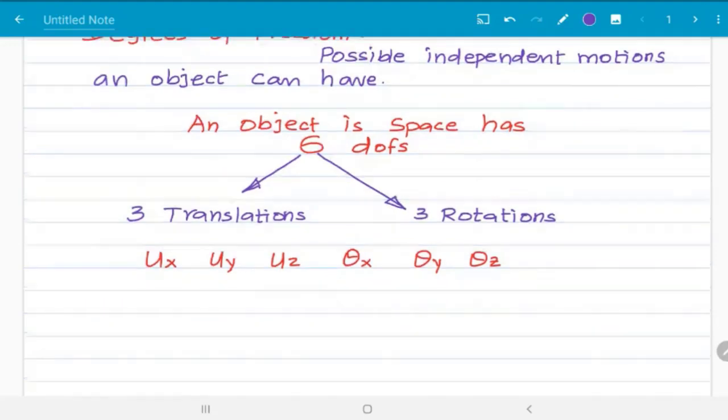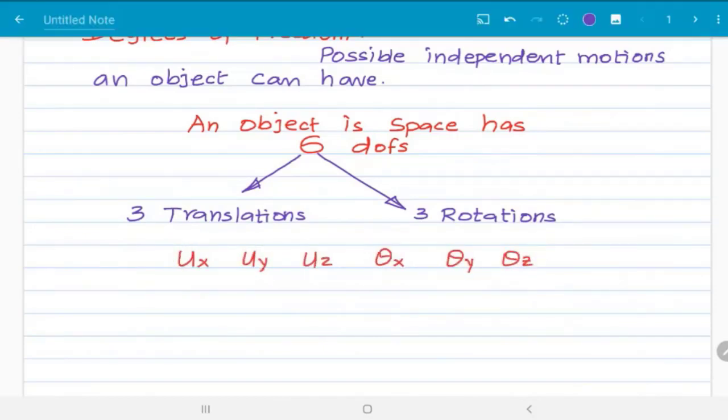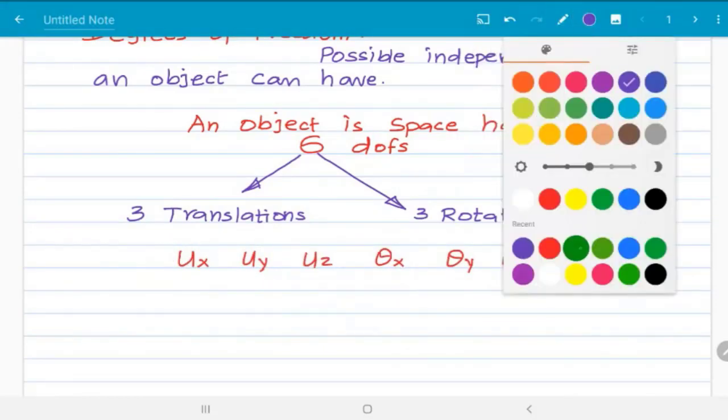So these 3 are translations, these 3 are rotations. You should give the full name for any one.